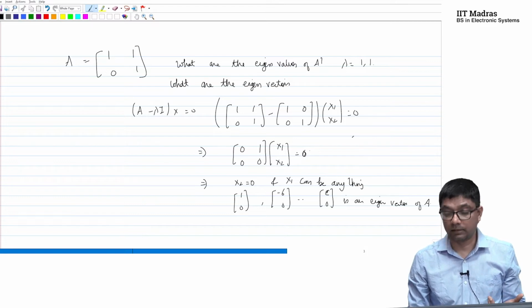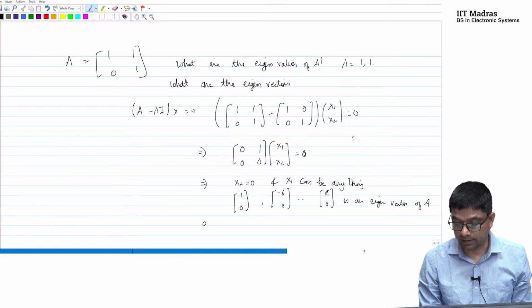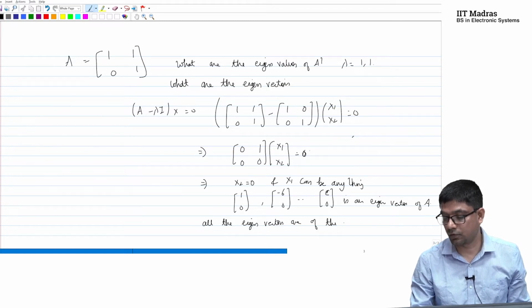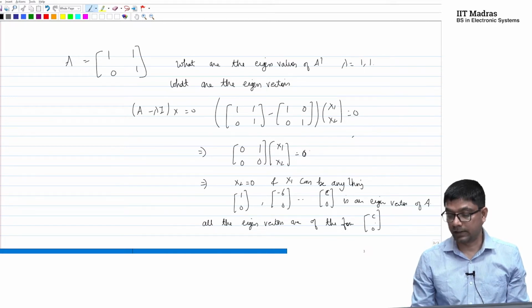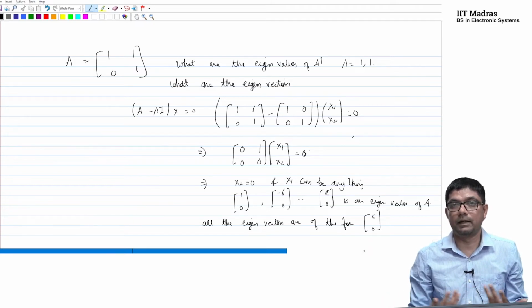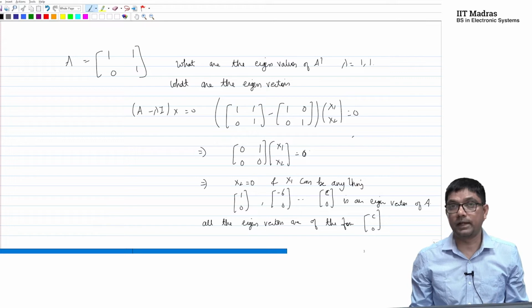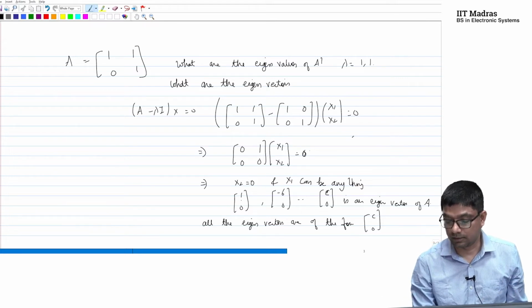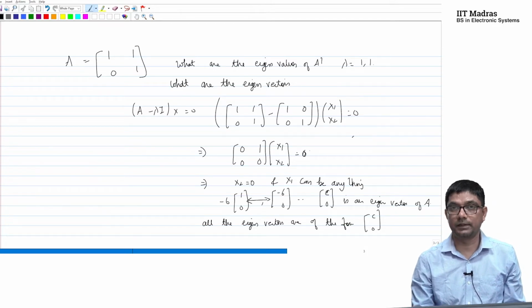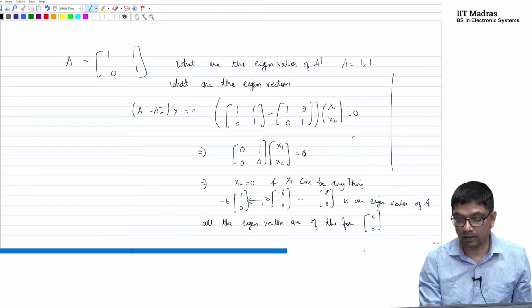Can I find anything more? No. So all the eigenvectors are of the form C, 0. Even though these are infinitely many vectors C, 0, how many are independent? There will be only one, because minus 6 times the first vector will give me the second vector. So I can find only one.